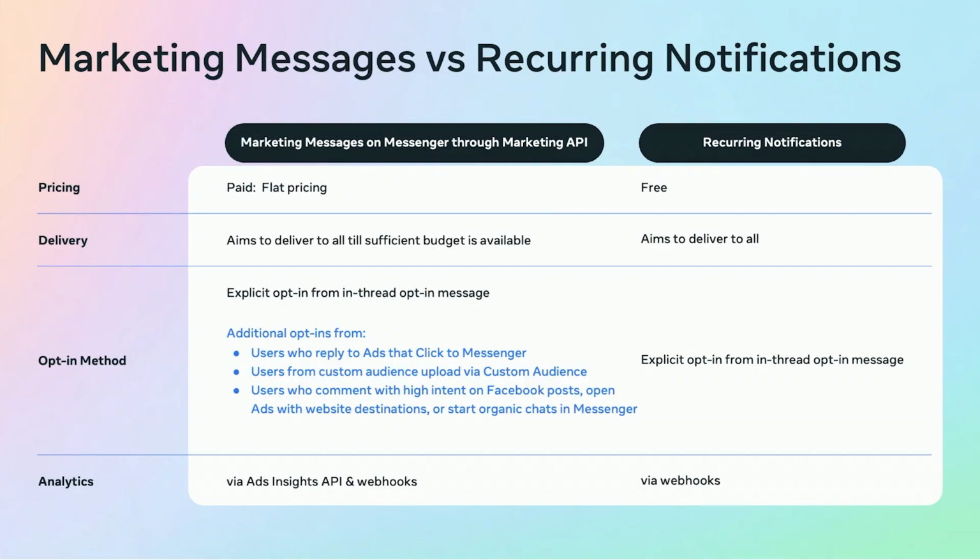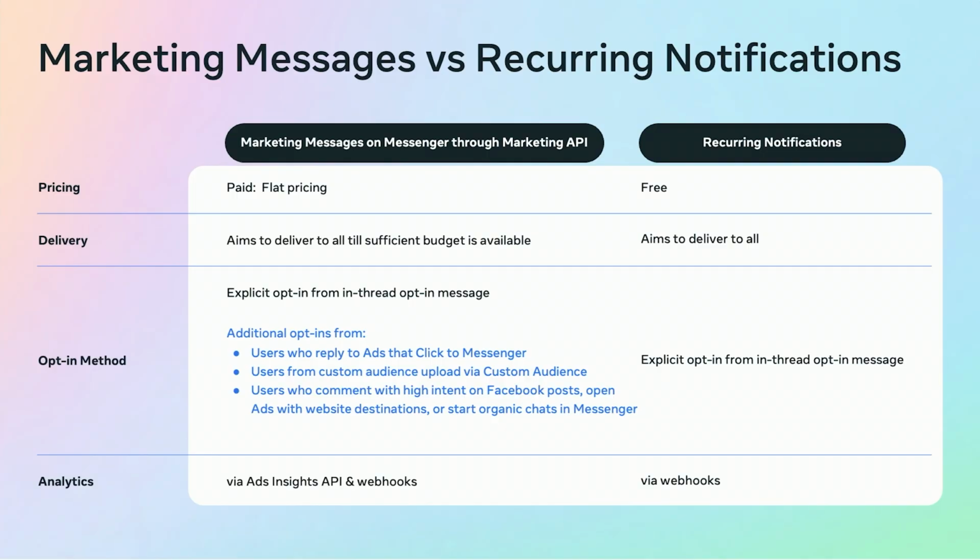Marketing messages on Messenger offer new, easier opt-in on top of existing explicit opt-in from in-thread opt-in message. Custom audience uploads and ads that click to Messenger respondents are subscribed to your marketing messages with no expiration date.